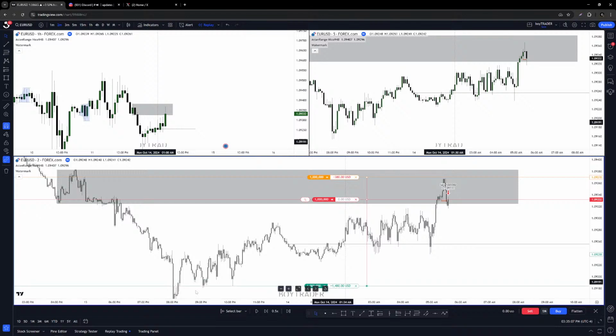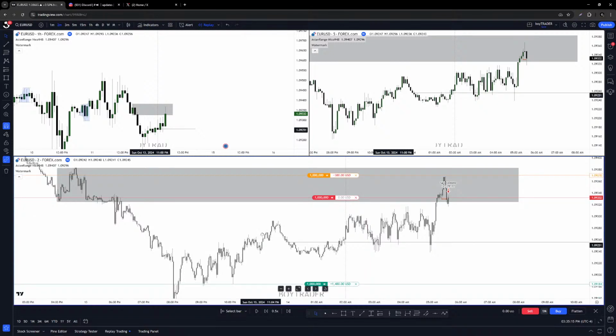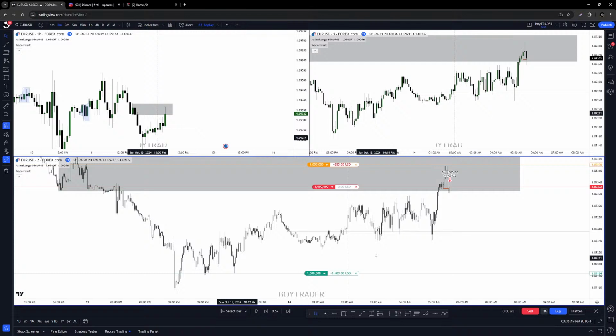All right, so we have relative equal lows here as well. We are not going for this low here because price might just reverse. But mind you, we have already established that our bias is bearish.